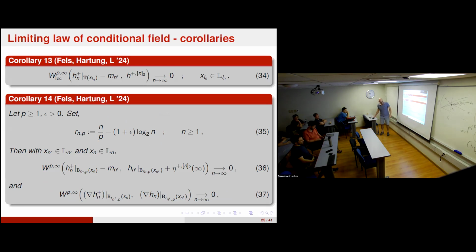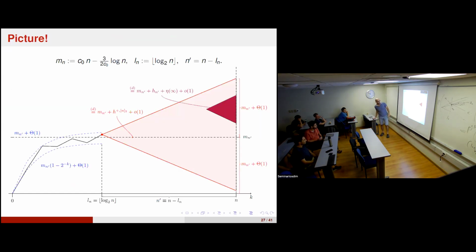Okay, I'll show you in the picture. That's one corollary. So these two theorems say the following.